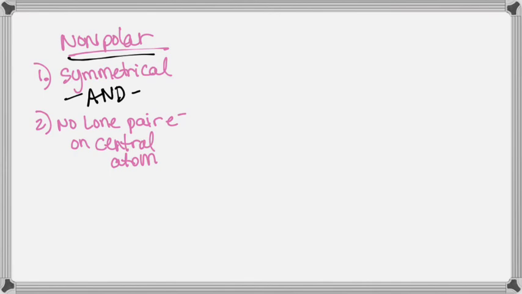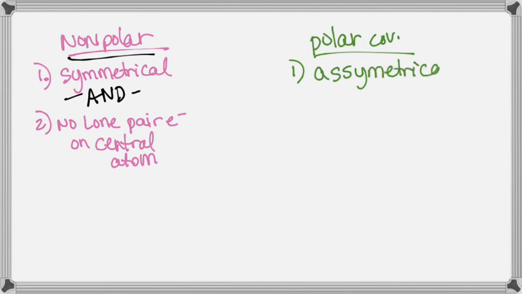Now, if we're going to polar covalent, I'm going to take those same two things that you just saw, and it's an "or" situation. So for polar covalent, you can have an asymmetrical Lewis structure, like the CHCl3 we just saw, meaning the atoms around the central atom are not all identical, so your dipoles wouldn't cancel. Or if you have lone pairs on your central atom, then it's considered polar.